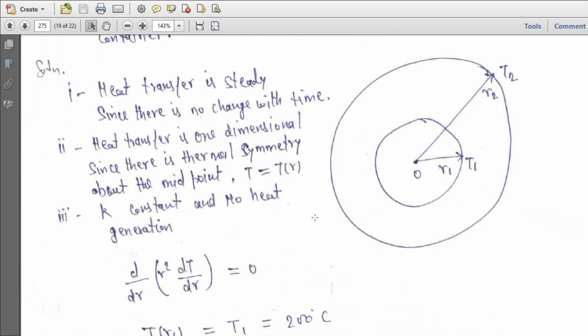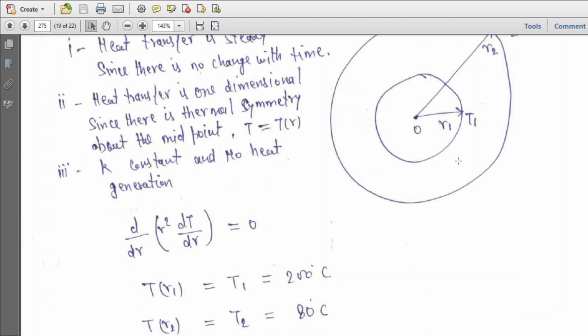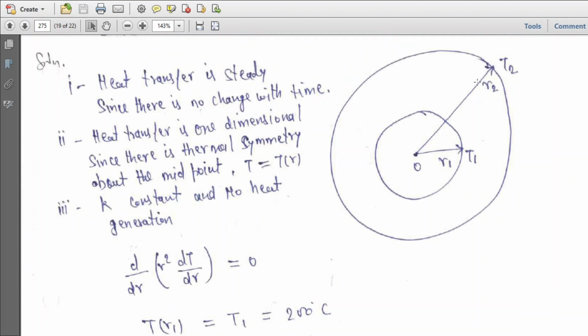So heat transfer in steady state, this is the sphere of inner radius R1, outer radius R2. Somehow you are maintaining this at a fixed temperature of 200 degrees Celsius and this at 80 degrees Celsius. We are supposed to find the temperature distribution within the wall of the sphere.